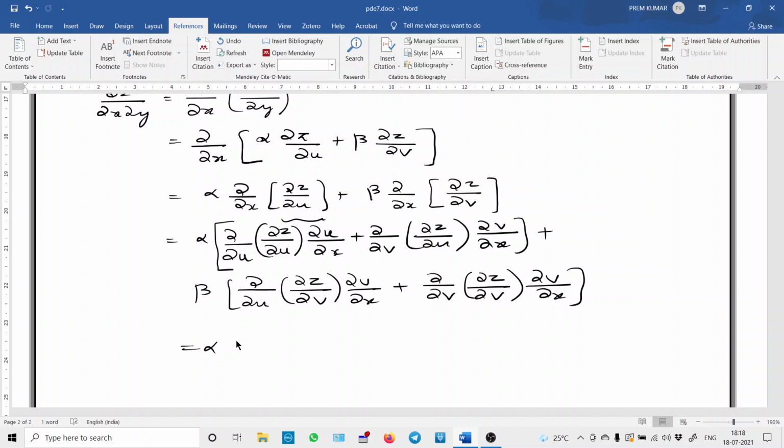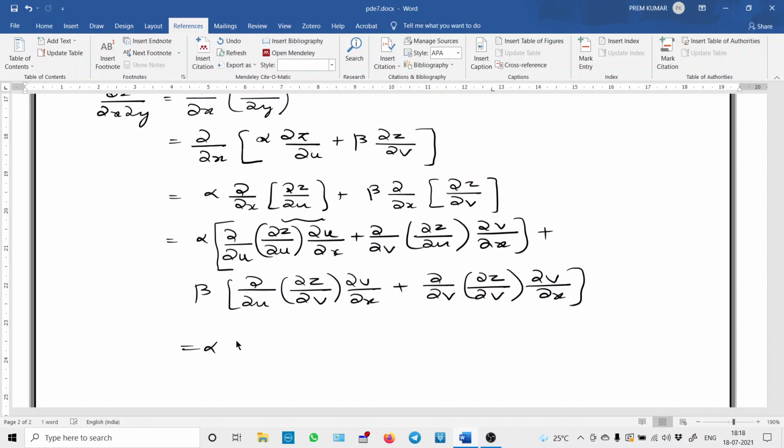You can write this as ∂²z/∂u², ∂u/∂x is 1, plus ∂²z/∂v∂u into 1, this is 1, plus beta times ∂²z/∂u∂v, this is 1, plus ∂²z/∂v² into 1, this is also 1.